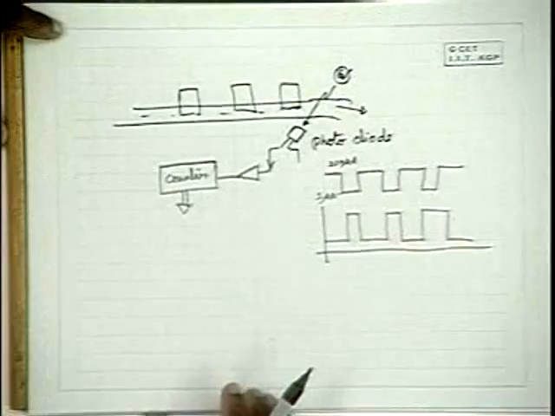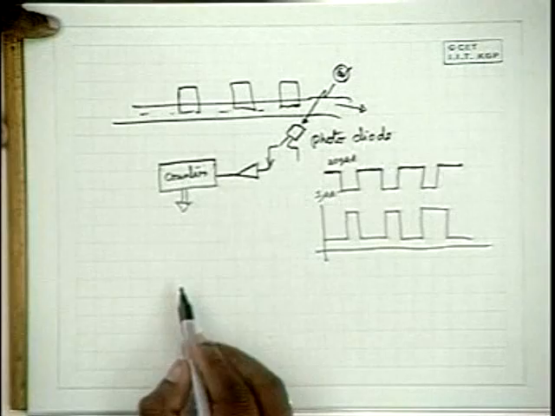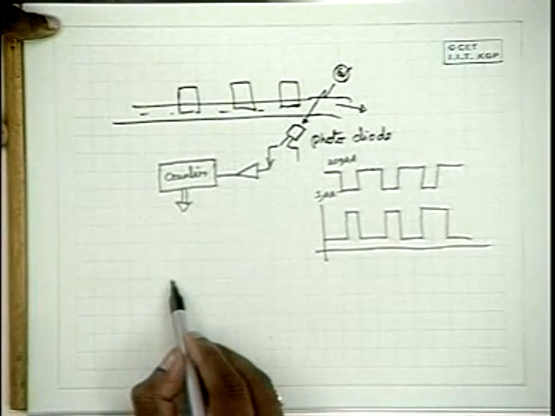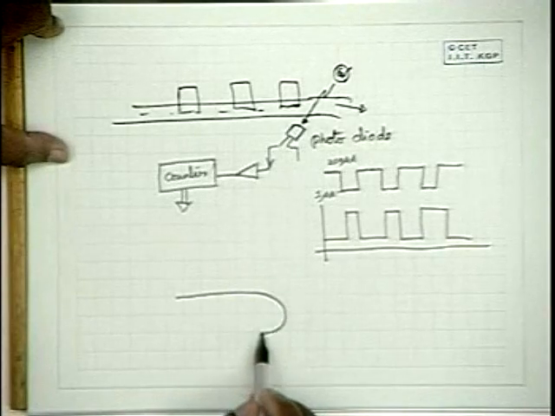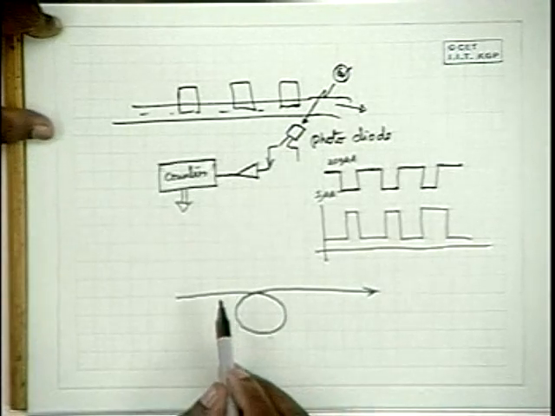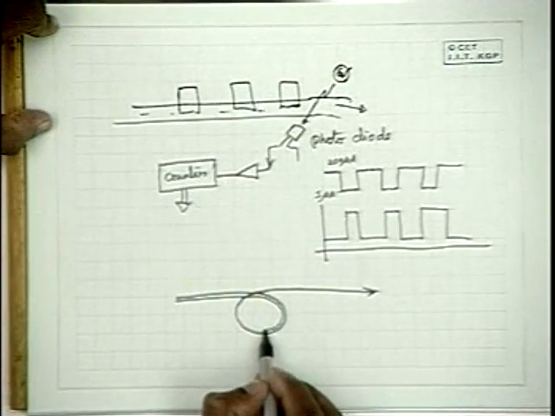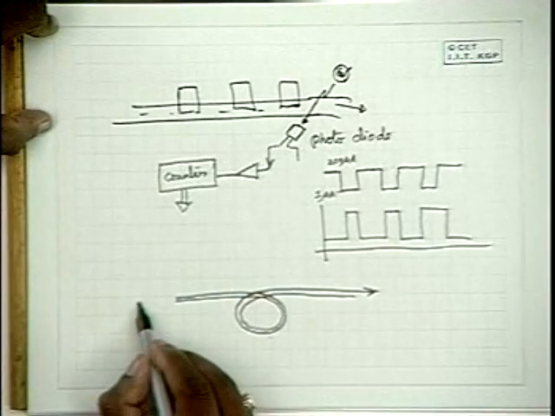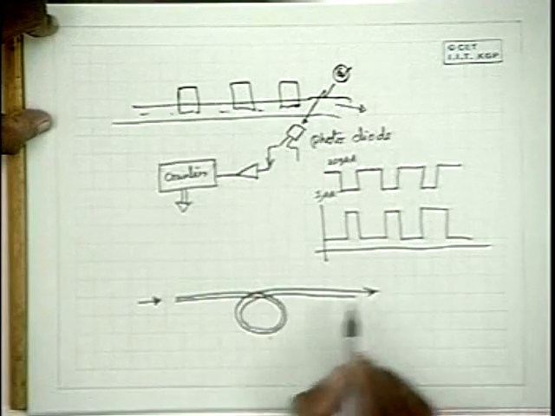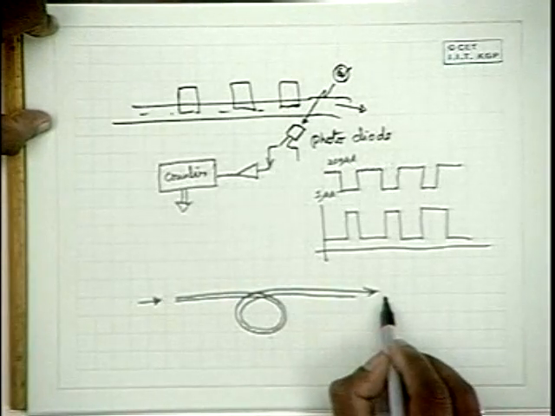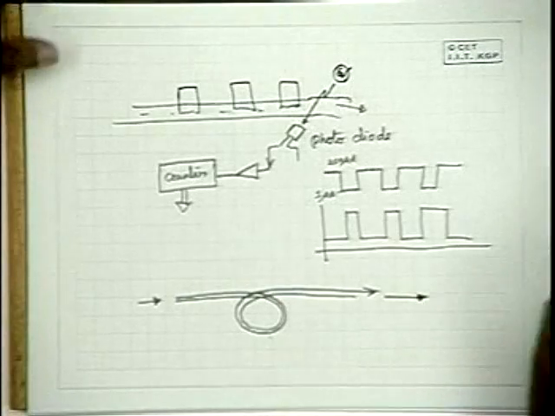Any questions on photodiodes? Optical communications. Actually, in optical communications, you have optical fibers, which are basically glass fibers, and you can pass light through such fibers. Light can be passed through them with some amount of attenuation, so you get the light pulses on the other side.